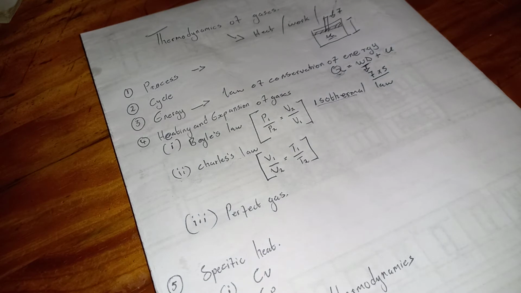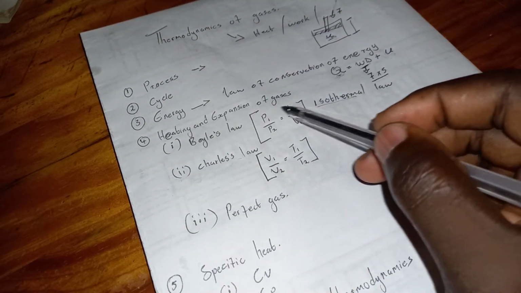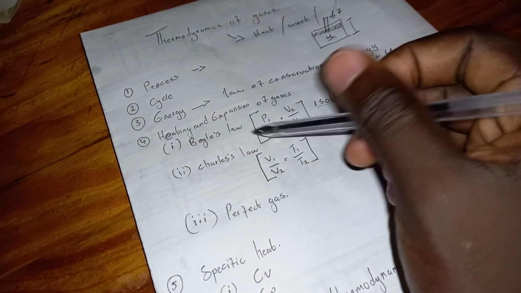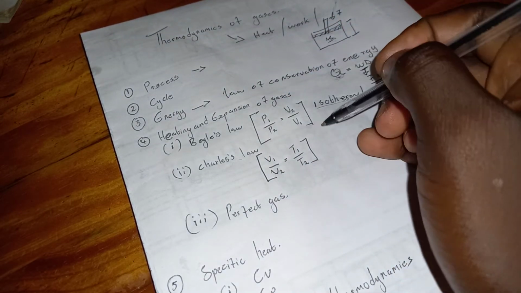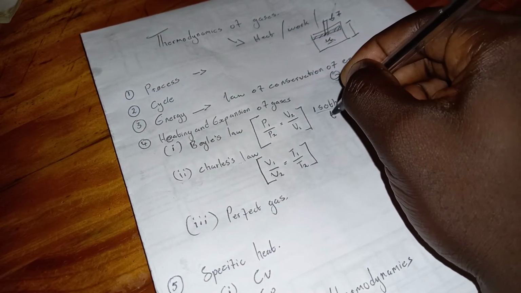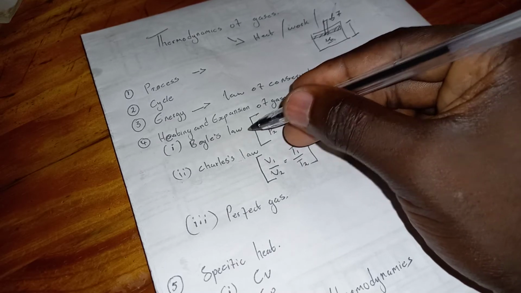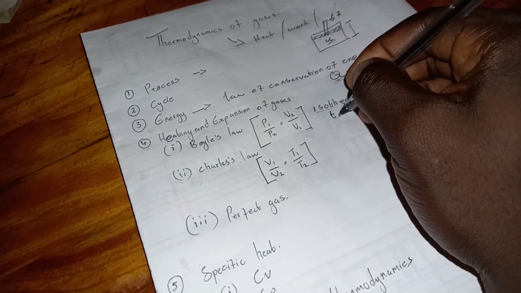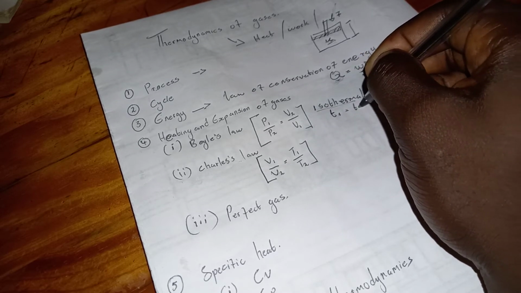This law states that at a constant temperature, the pressure and the volume of a certain mass of gas are inversely proportional to each other. So this is actually what we are talking about: at constant temperature. If we apply a process of Boyle's law, the initial temperature will be equal to the final temperature.